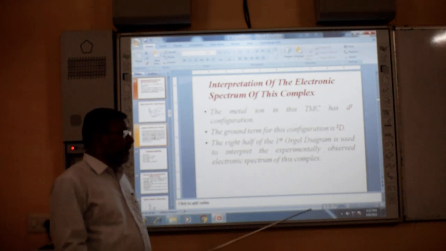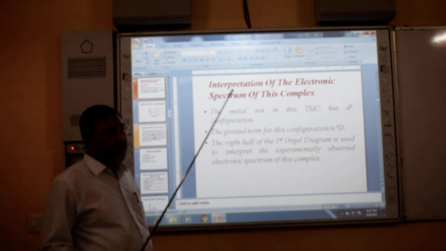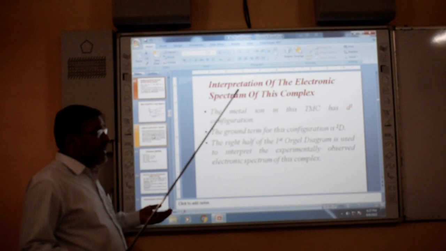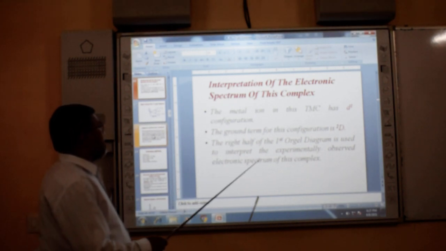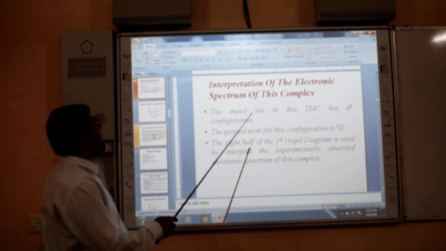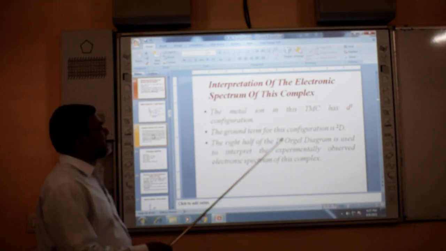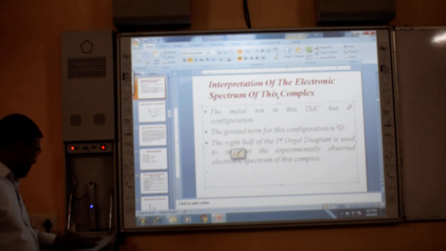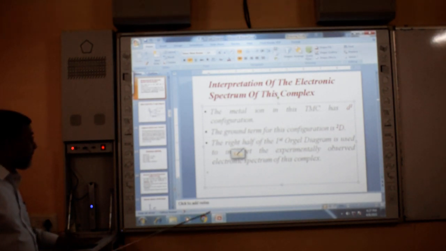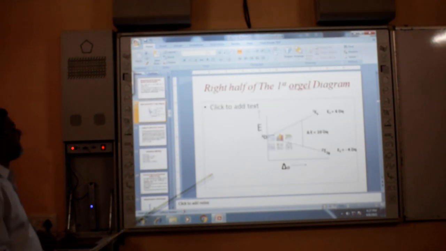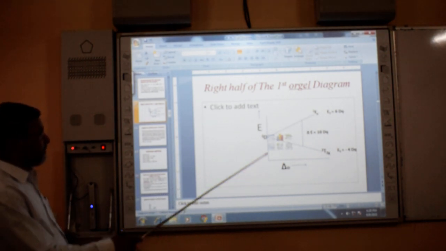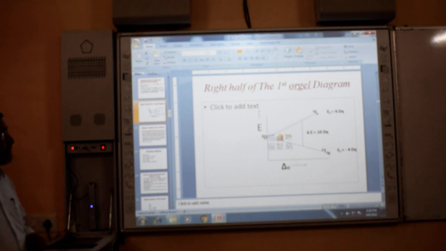If D is the ground term, then we have to use the first Orgel diagram. Which side of the first Orgel diagram? Since this is an octahedral complex, the right half of the first Orgel diagram is used to interpret the electronic spectrum of the transition metal complex. You see here.